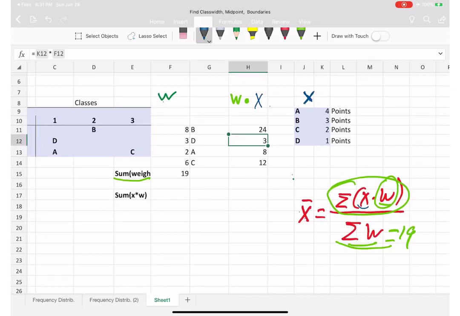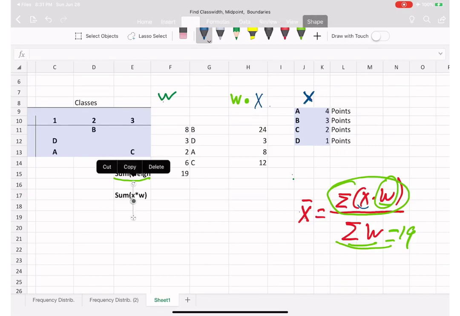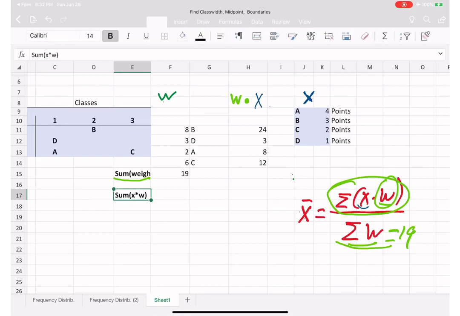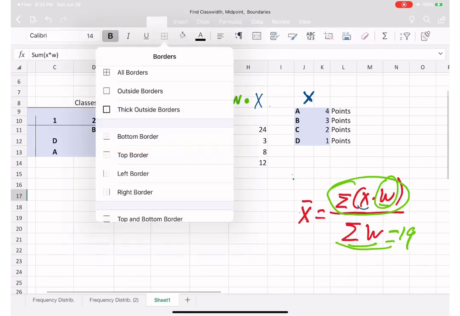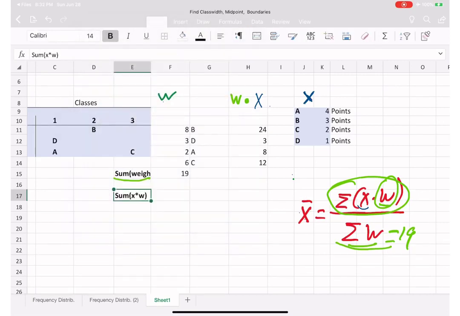So the sum, here, sum of x times w, it's right here. Let me put in the frame. There we go. So it's going to be equal.